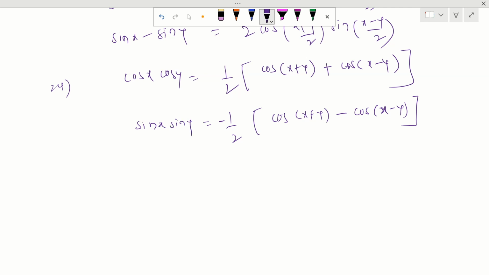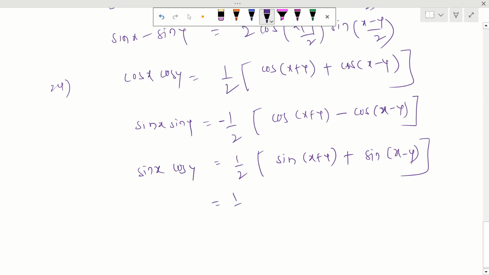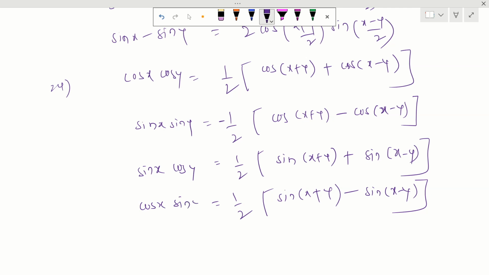When we add sine of (x plus y) and sine of (x minus y), we get first term sine x, second term cos y. And during the subtraction of sine of (x plus y) and sine of (x minus y), we get first term cos x and second term sin y.